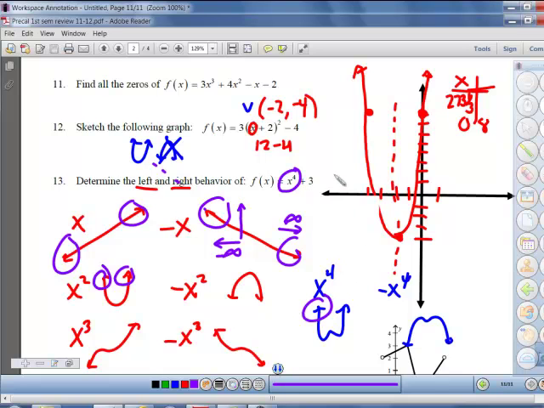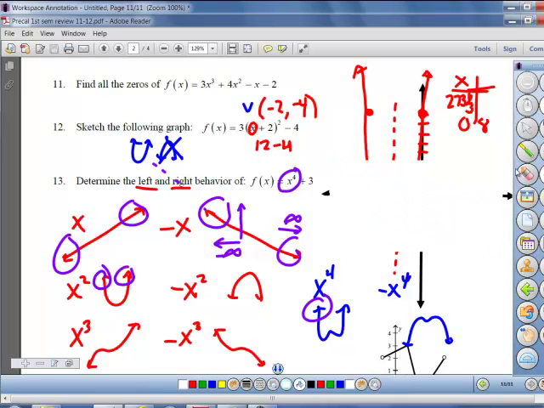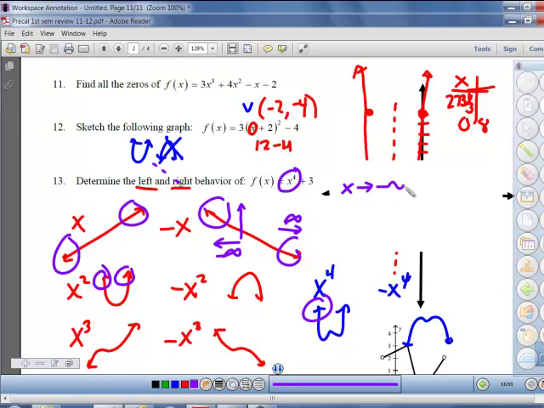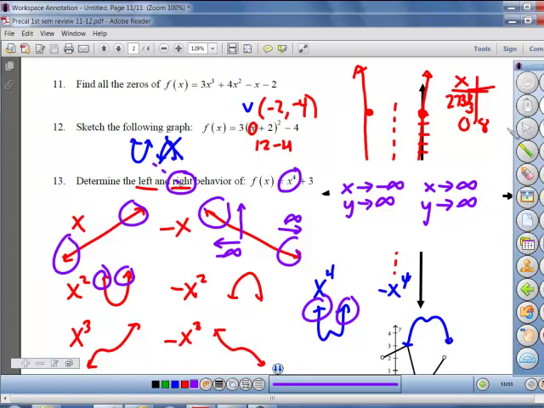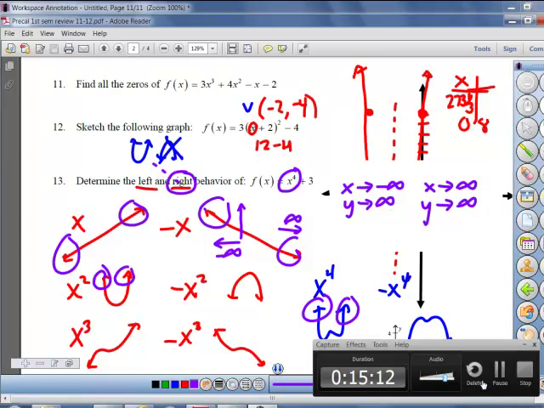And so as x approaches negative infinity, meaning as it goes to the left, the y values are increasing. They're going up. Okay? And then as x approaches positive infinity, meaning as x goes to the right, it's also increasing. Okay? It's going up. So y is going in the positive direction. Make sense? Of course it does.